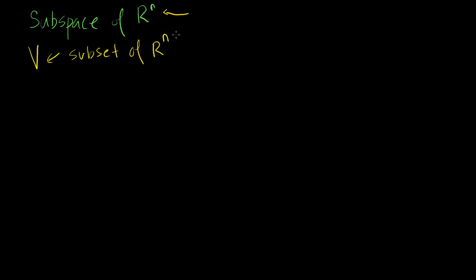Sometimes we visualize it as multi-dimensional space, but if we wanted to be as abstract as possible, it's the set of all x1, x2, all the way to xn, where each of the xi's is a member of the real numbers. That was our definition of Rn.